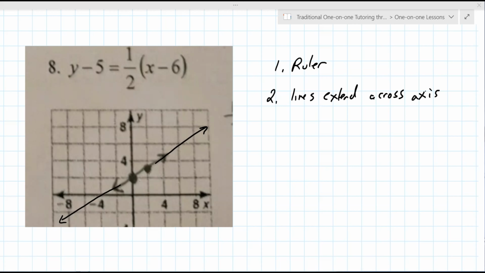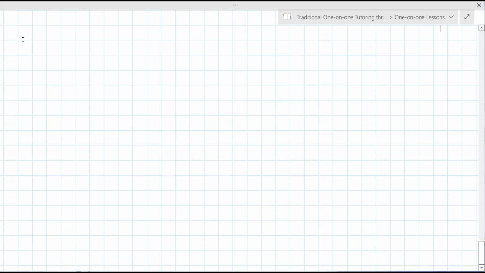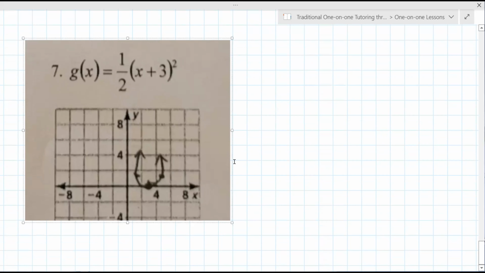We kind of already talked about this, but when you're graphing a quadratic, you generally want to see about 5 points. They're looking for 5 points. And yes, it's U-shaped, but it really is supposed to kind of go out to the right.